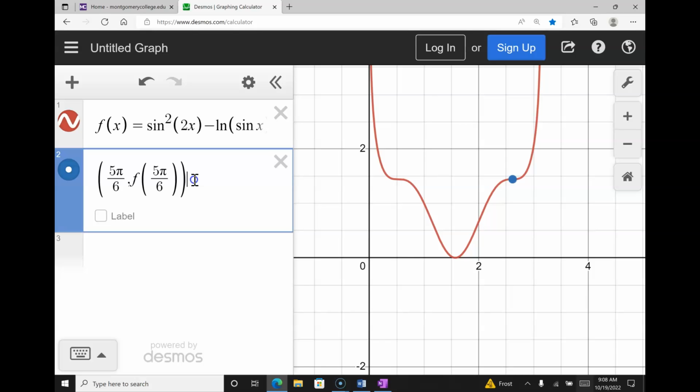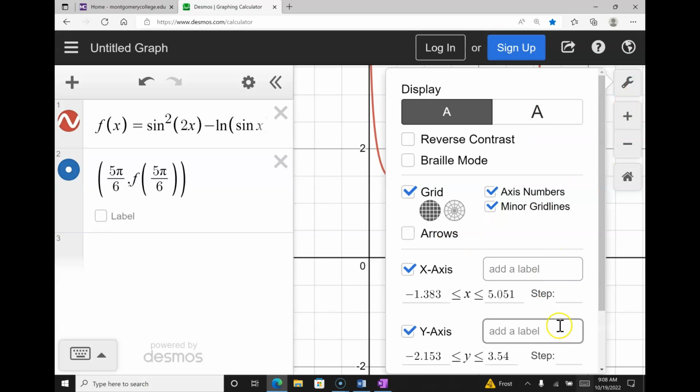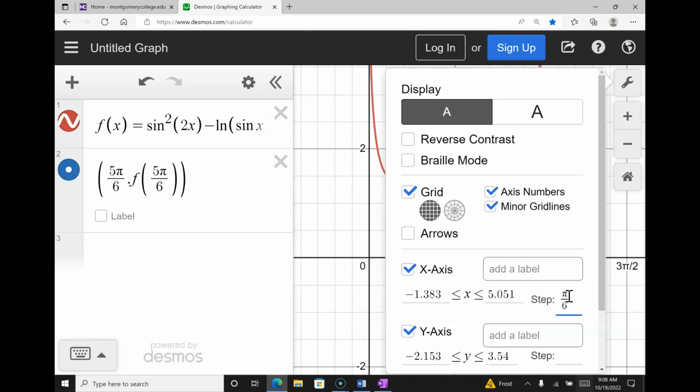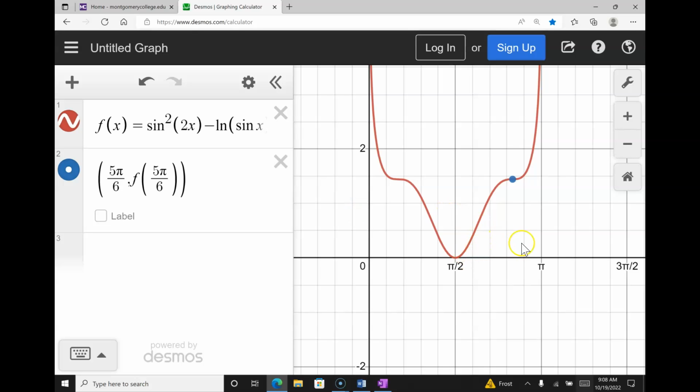So another thing I would want to do is put my scale in pi over 6. I can click on the gear, the wrench, the settings, and change my x step to pi over 6. You don't have to do this, but it will really help. 1, 2, 3, 4, I'm sorry, I said pi over 6, didn't I?